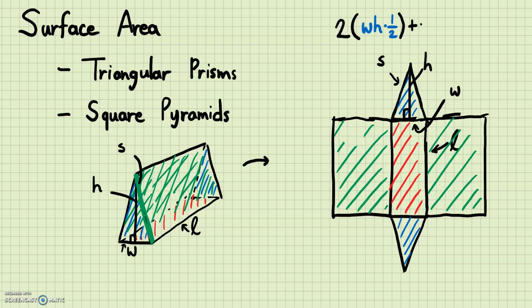So let's do the green rectangles. We have 2 of the green rectangles. What are the dimensions of the rectangle? This side is L, right? It's the same as here.